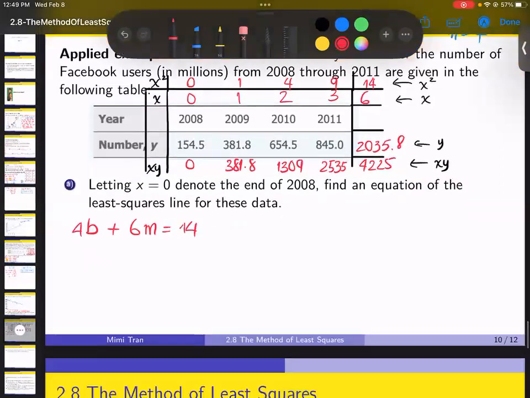Then the second one will be the sum of x times b, which is 6b, plus the sum of x squared, that'll be 14m, equal 4225, the last one.